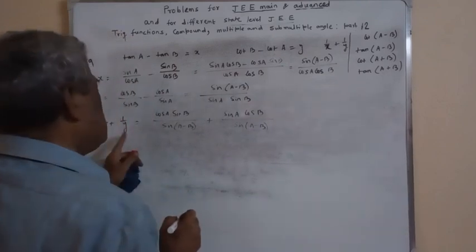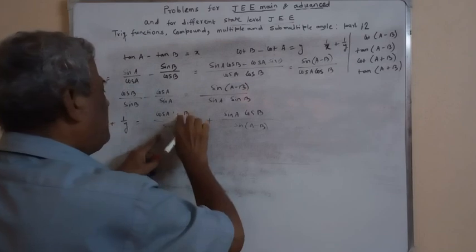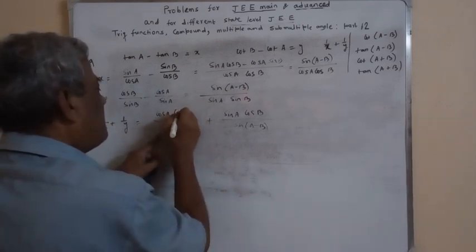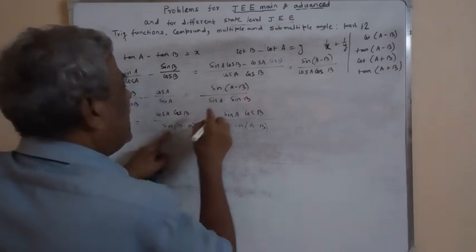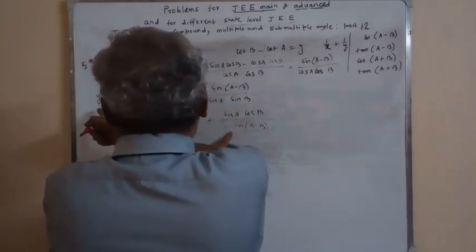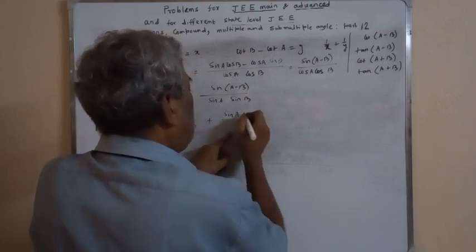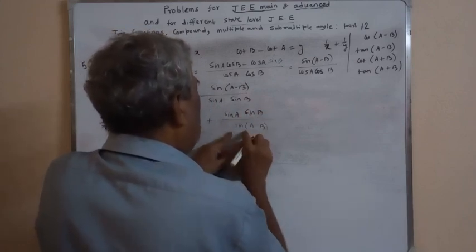So 1 upon x plus 1 upon y is equal to cos A cos B by sin of A minus B, plus 1 upon y, sin A sin B by this.